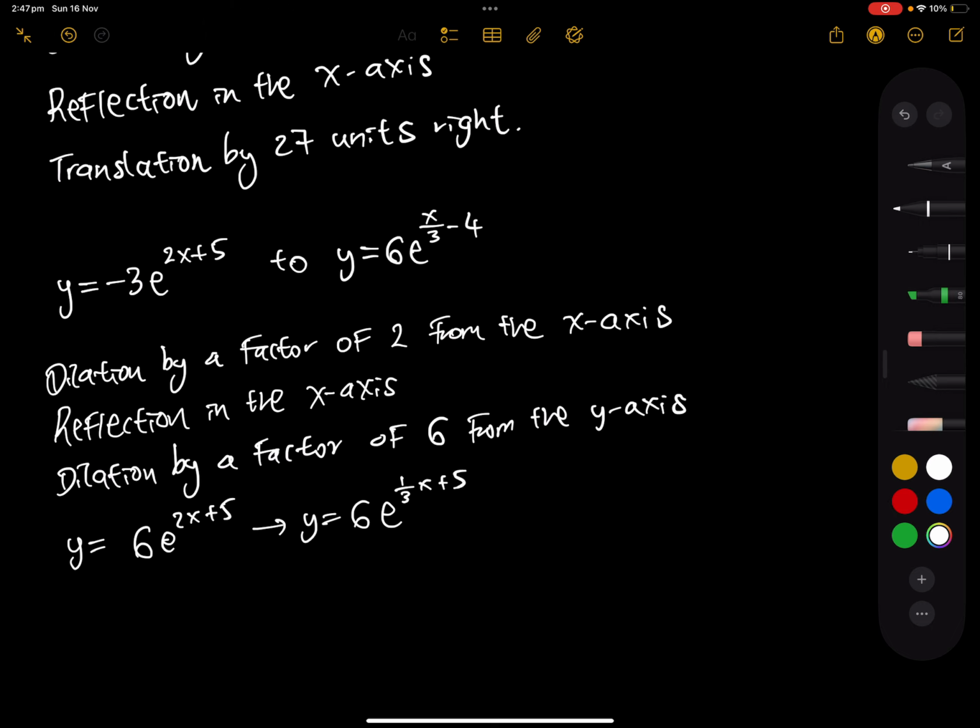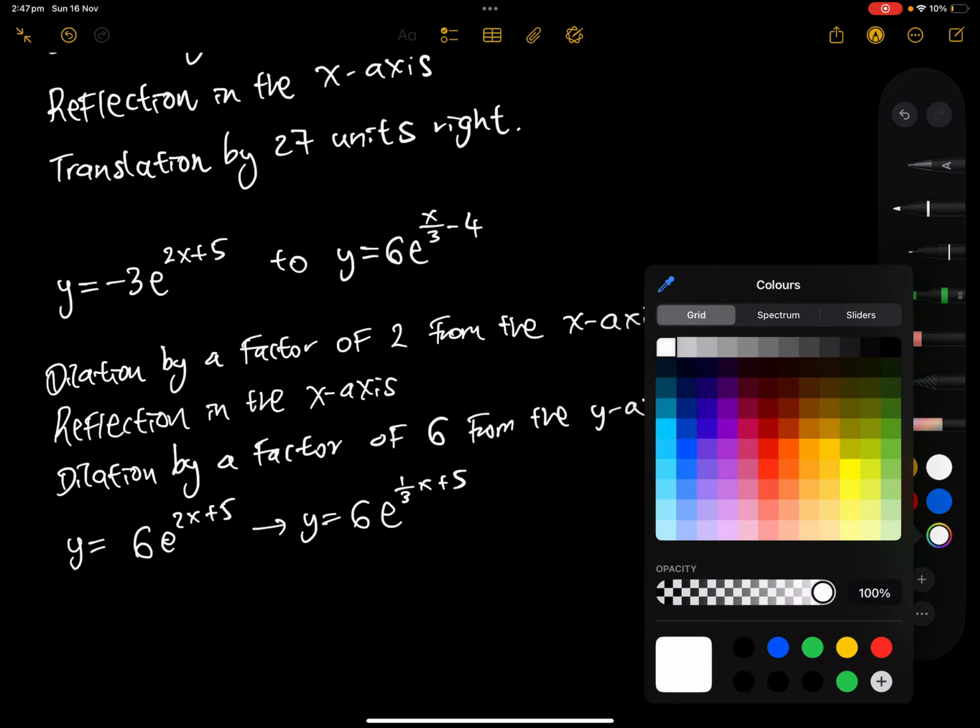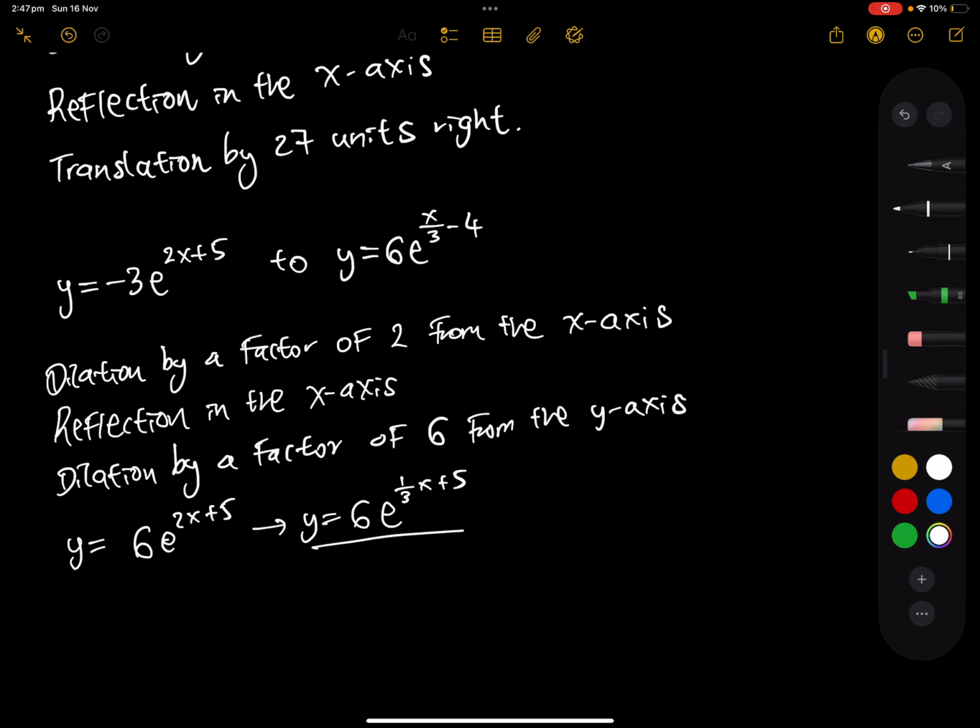Remember how I said that when you're trying to identify the horizontal translation, you must factor out the coefficient of x. So let us factor out the coefficient in front of x in both the modified original function and the image function.